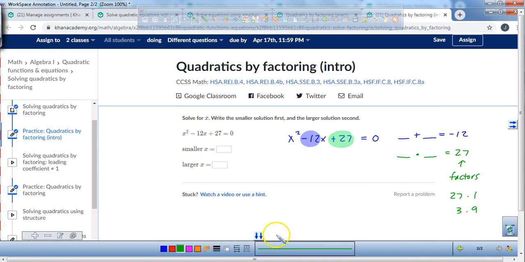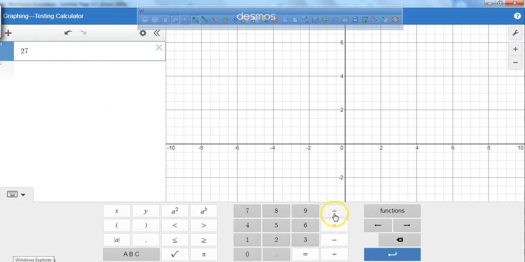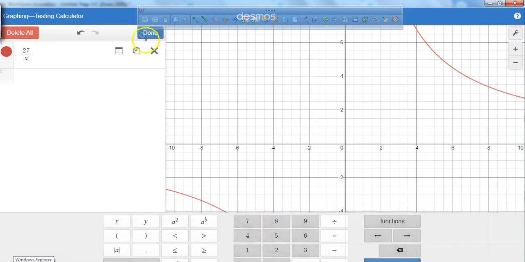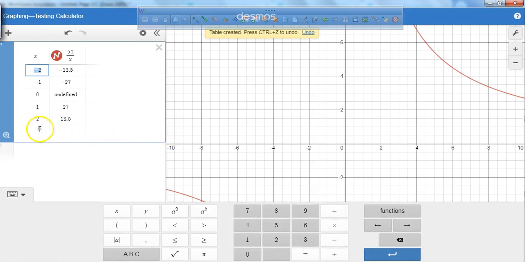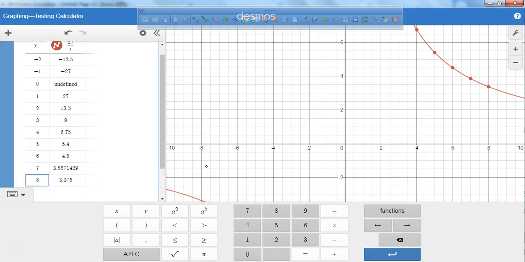Now, if you ever get stuck and you're not sure how to find your factors, like you're not good with your multiplication tables, and you want a quick way to find your factors, you could go to Desmos and type in, say, 27 divided by x, and then make a table, and you could just start typing in numbers: 4, 5, 6, 7, 8, 9.